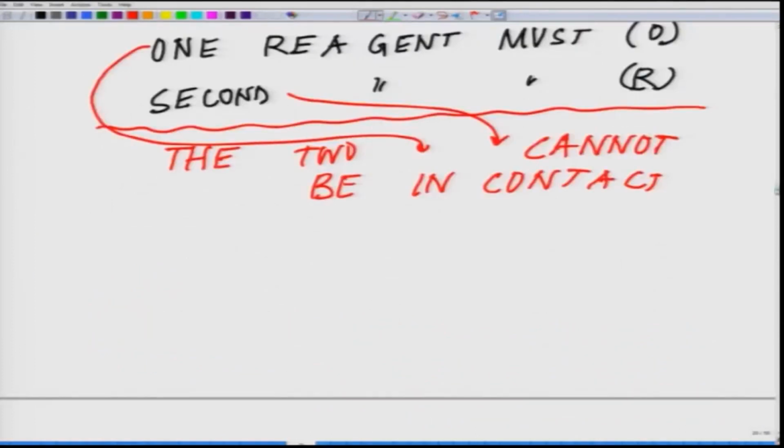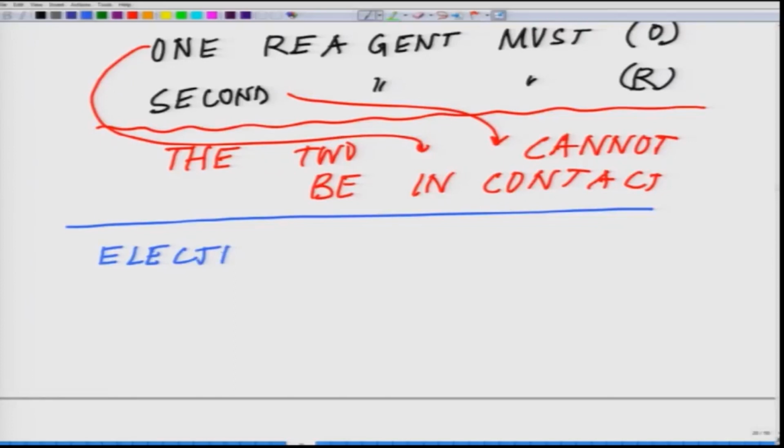They cannot be in contact, because if they are in contact, the electrons would flow directly from the reducing agent to the oxidizing agent.